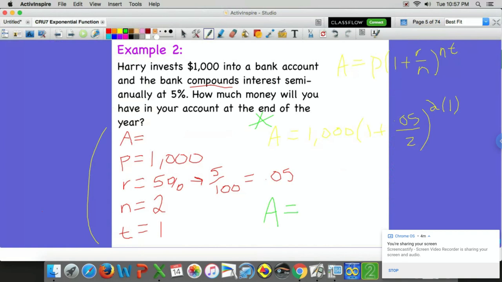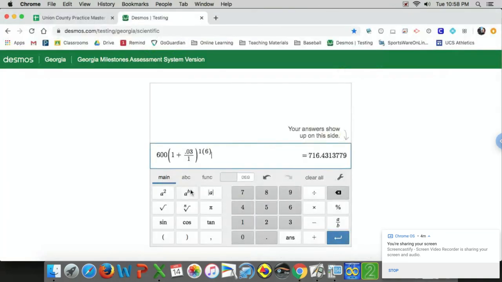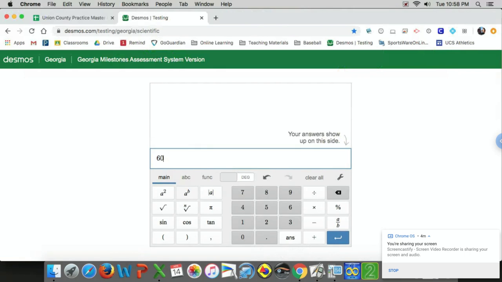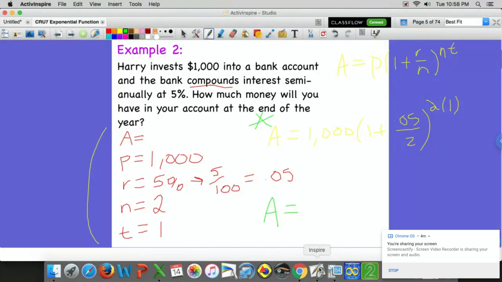So go back to the Desmos scientific. Erase all that. You have 1,000 this time, parentheses, 1 plus 0.05.